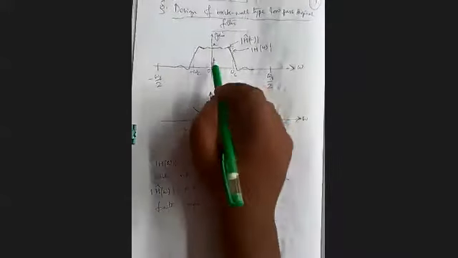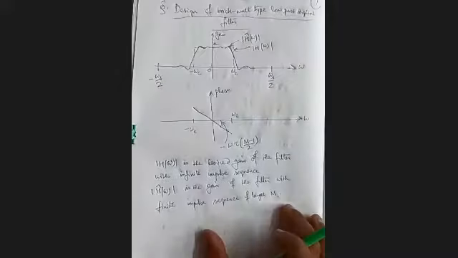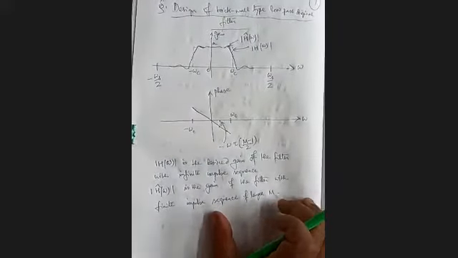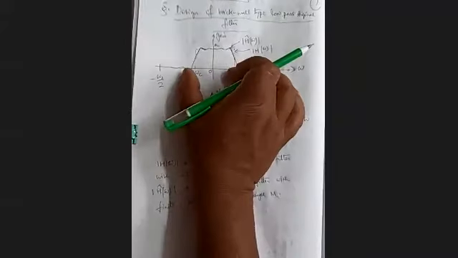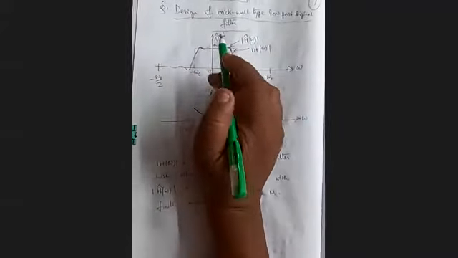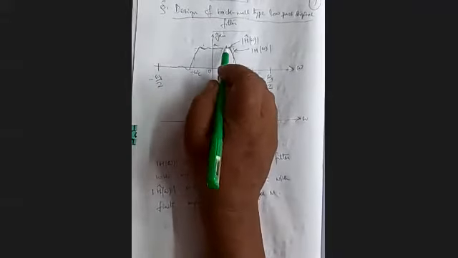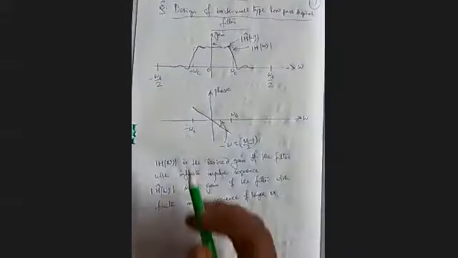So obviously when we truncate it up to plus minus m minus 1 by 2, that much of duration, then according to Gibbs phenomenon, we get some oscillation. We will get some oscillation.